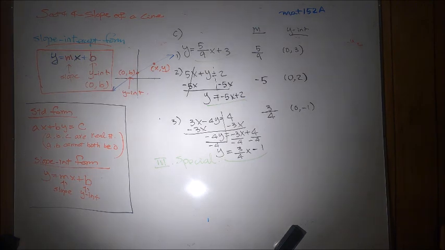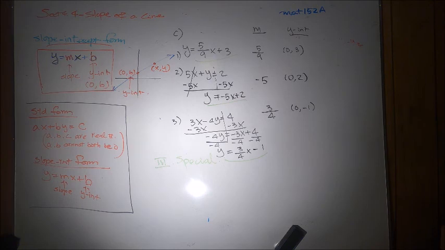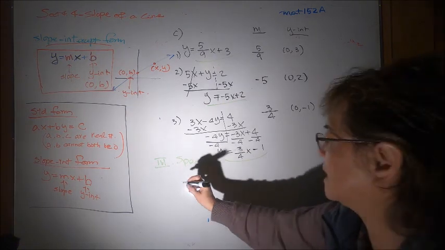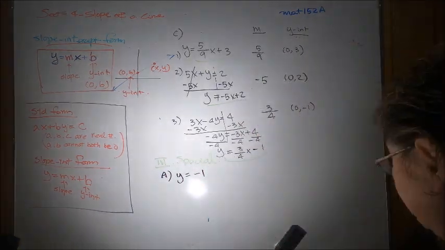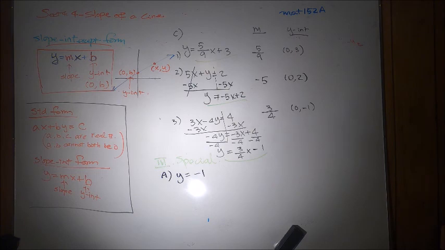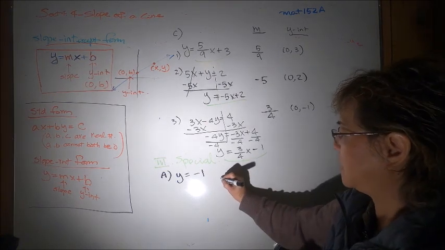Okay, so first one, if you have what? Y equals -1. Just has y, no x. No x, x is running free left and right, for x to run. So your graph will be what?